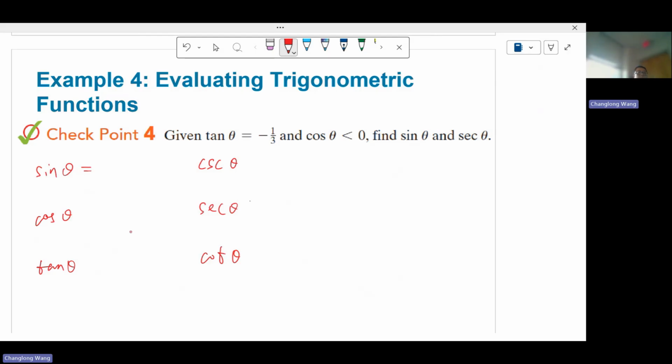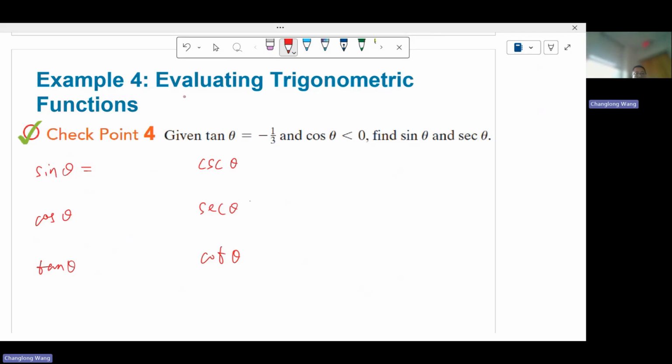Now I don't want to spoil your memorization again. Can everyone picture a right triangle plotted in the first quadrant? R is the hypotenuse, y is the vertical side, that's the opposite of theta, and the adjacent side is x.